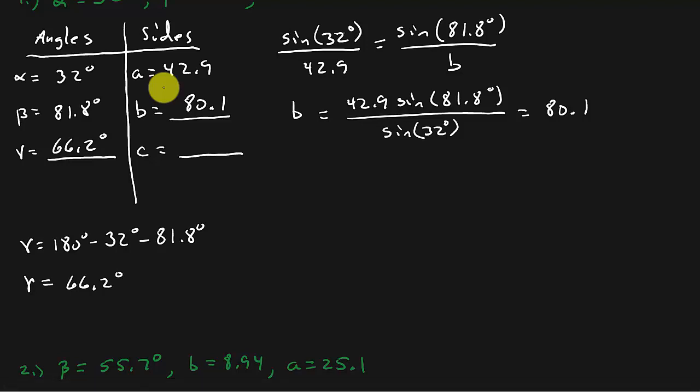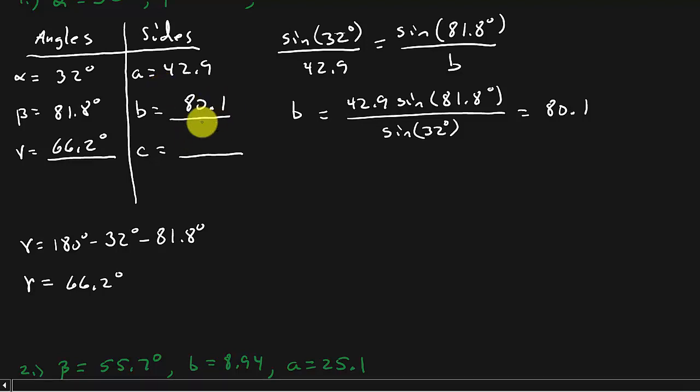Now, I understand, I know in some instances, you have no choice. You're going to have to use values that you calculated. But if you can avoid it, then avoid it. Okay? Like this value here, 66.2 degrees. We calculated that value right here. But I have no choice. I have to use it.